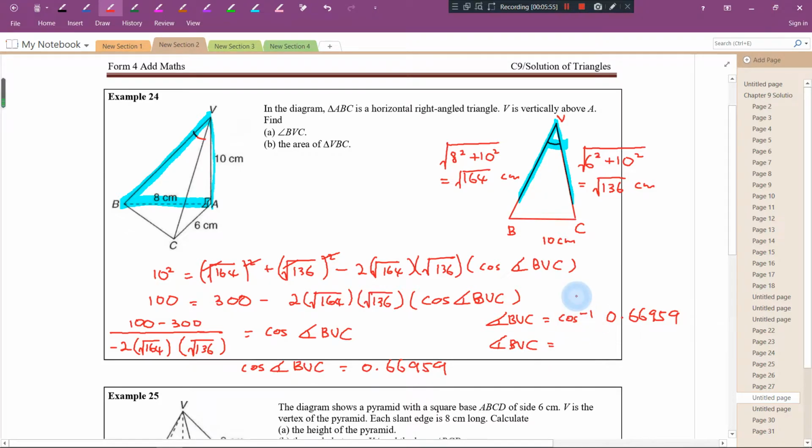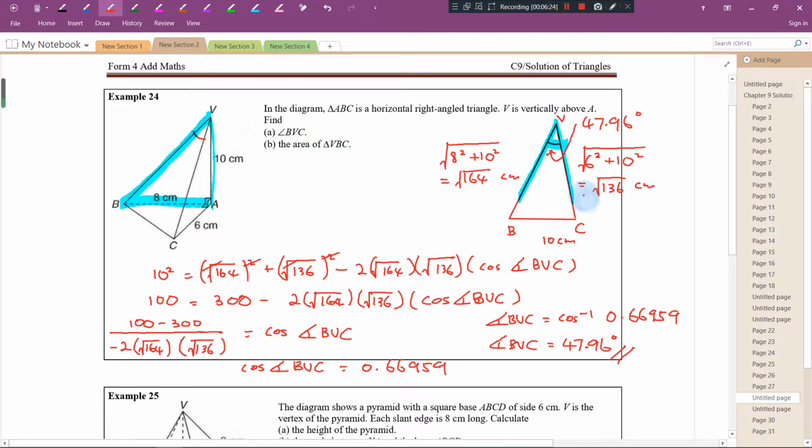Remember to press shift first, shift, then press cosine, 0.66959. So the angle is 47.96 degrees.